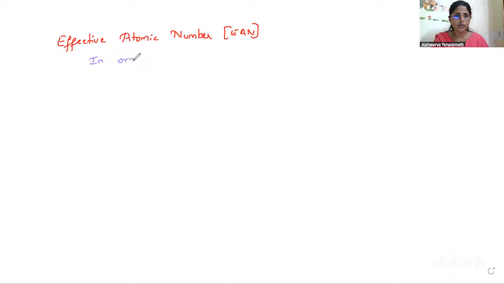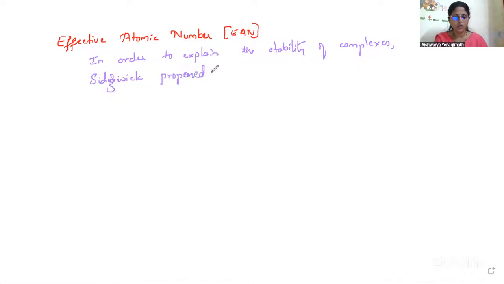In order to explain the stability of complexes, the scientist Sidgwick proposed the effective atomic number.